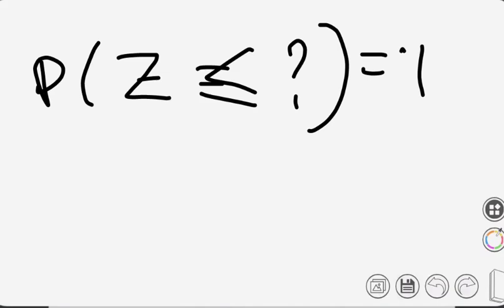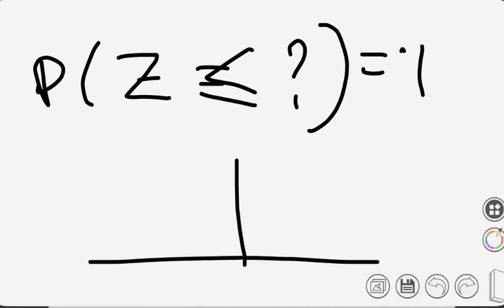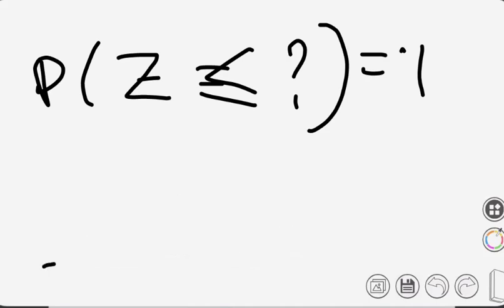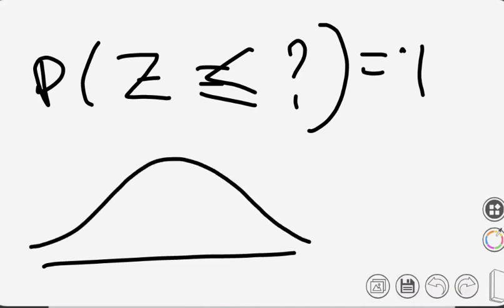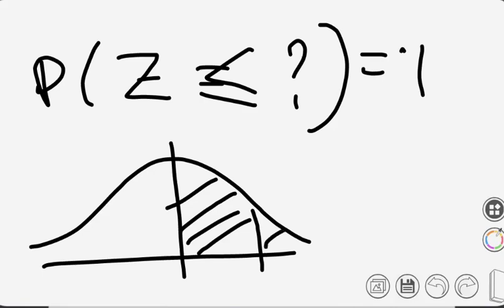So from the table, how can you find 0.1? What is the corresponding value you will find? It's 0.4, isn't it? If this is 0.1, then this will be 0.4. The probability is given that way.